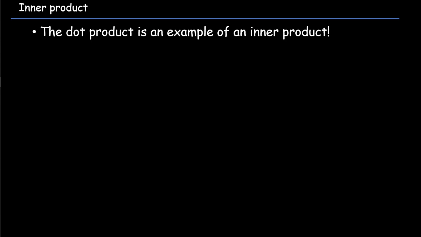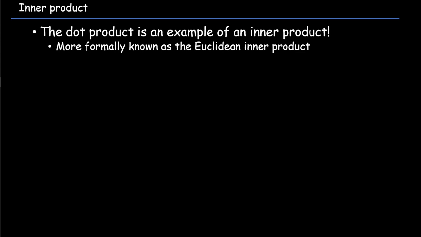In other words, the dot product is an inner product, and the inner product is something much bigger. The dot product is more formally known as the Euclidean inner product, and the notation is one you have already seen: it is just u dot v, with u and v being vectors.